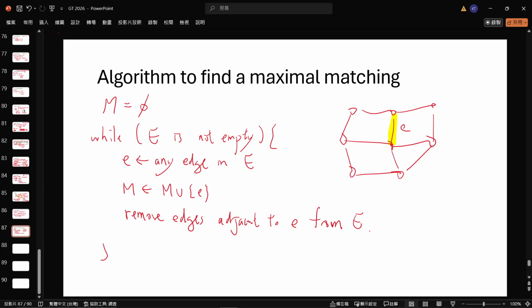And also I have to remove E because E is already chosen, so I cannot choose E again.